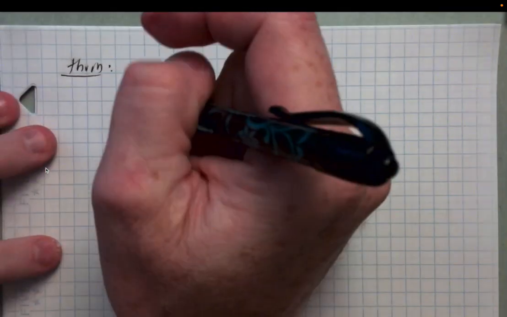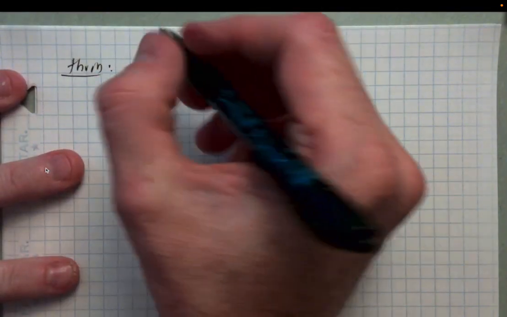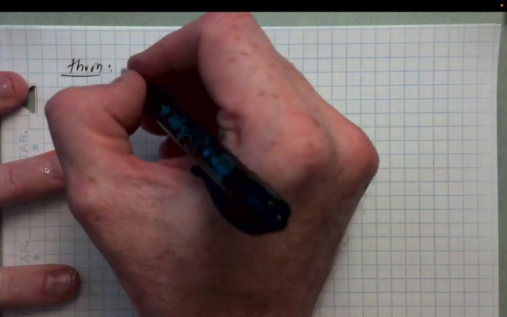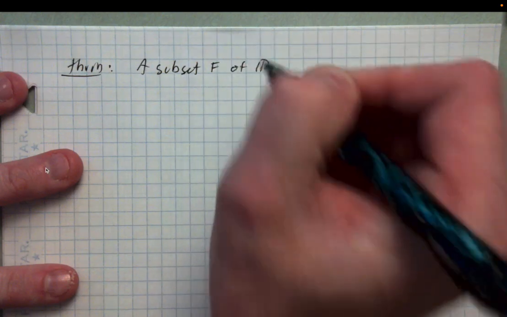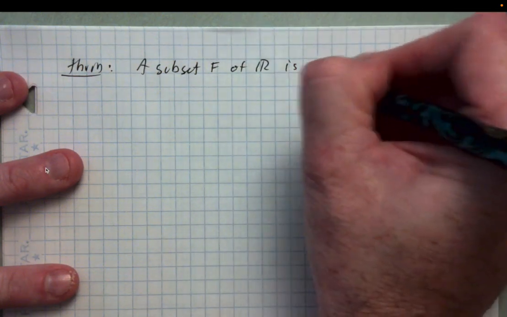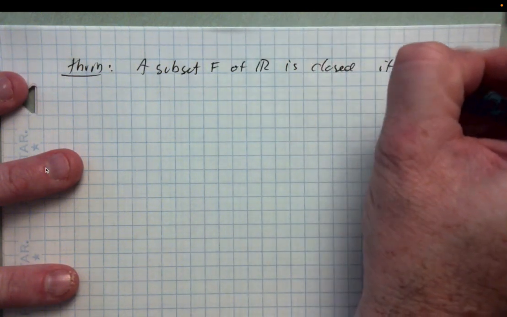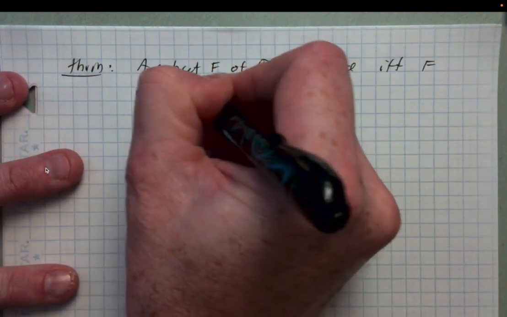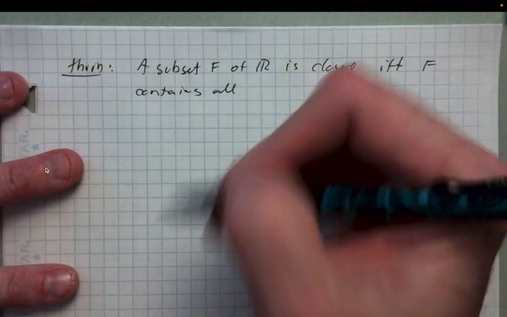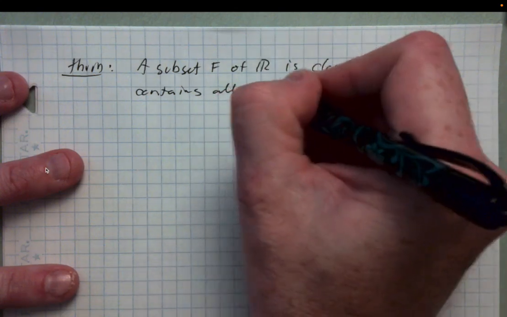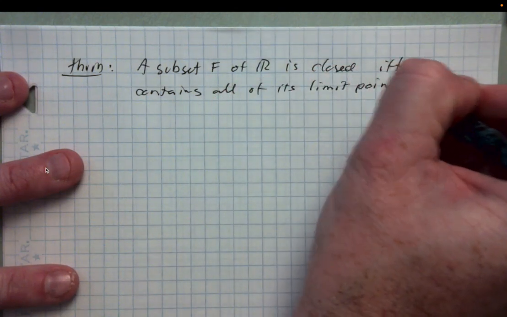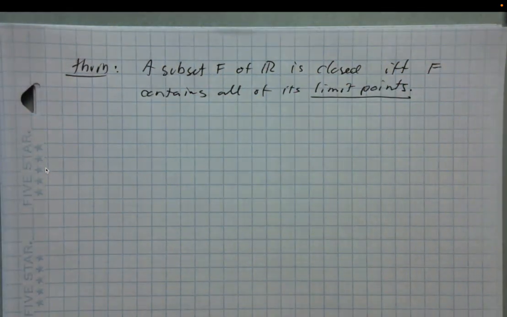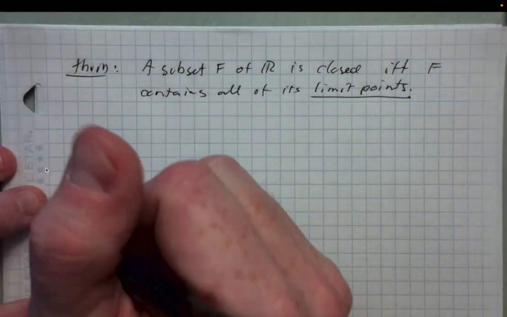But the theorem says that a subset F of real numbers is closed if and only if F contains all of its limit points. Okay, the limit points. Do we remember what limit points are?